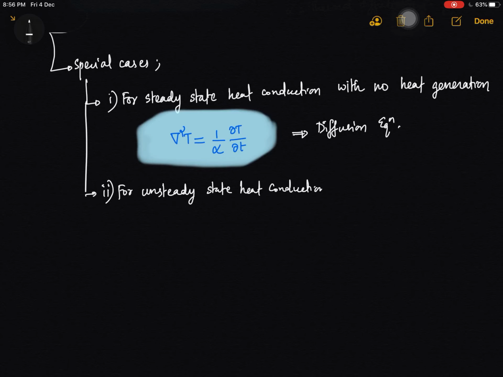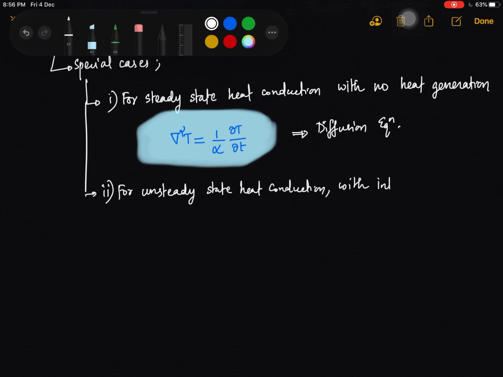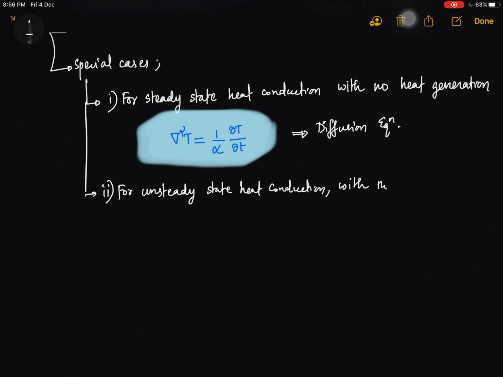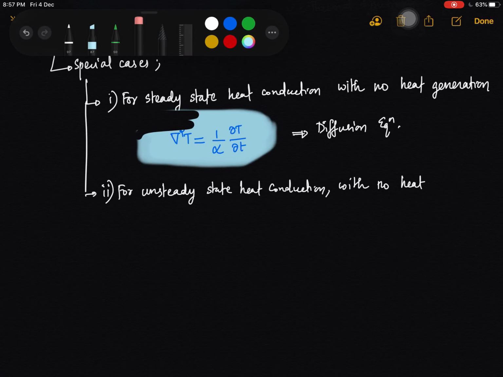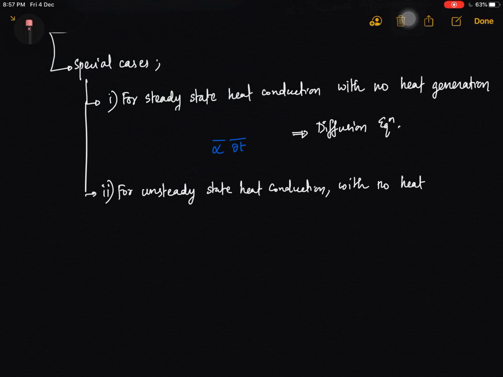The next special case is for unsteady state heat conduction with no heat generation. Sorry, there is some error.